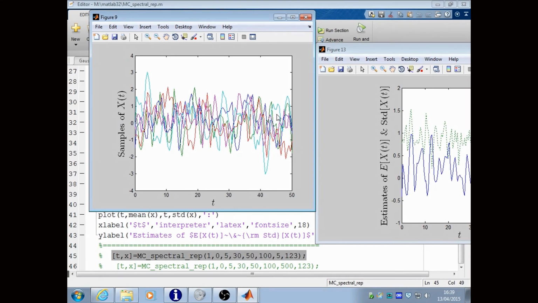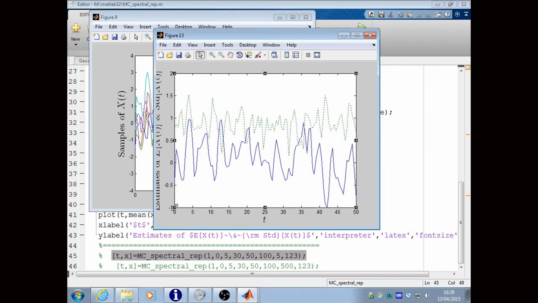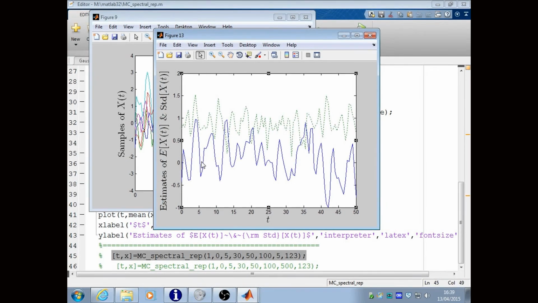First are the 5 samples which we generated. And what you have here are estimates of the mean, the solid line, and standard deviation, the dashed line. The target is 0, 1. So any surprise that we are so much off, and there's quite a bit of fluctuation? What's the problem?